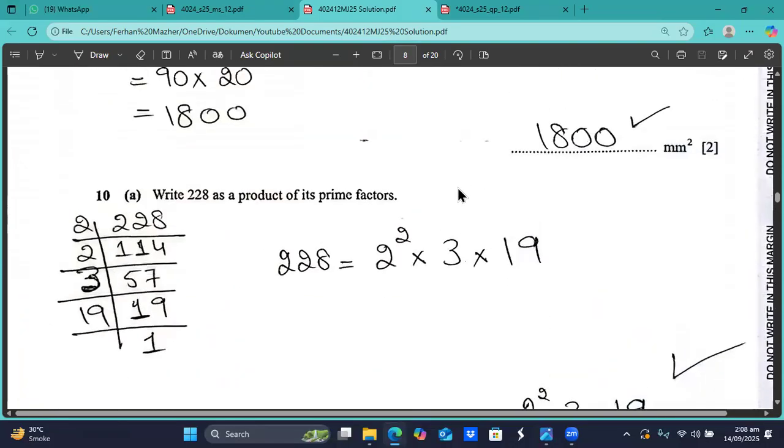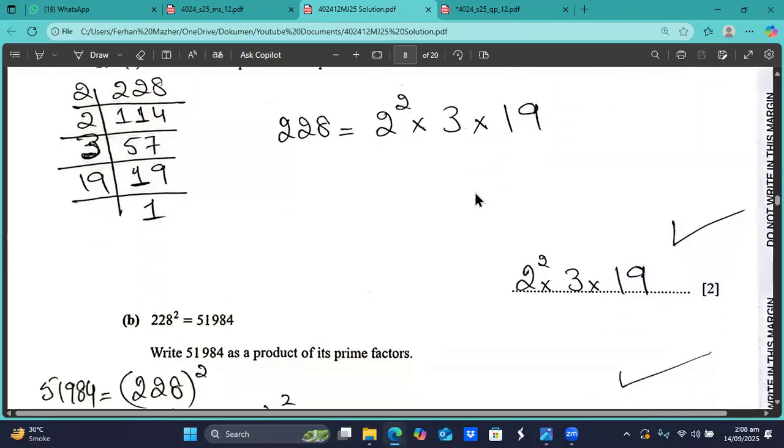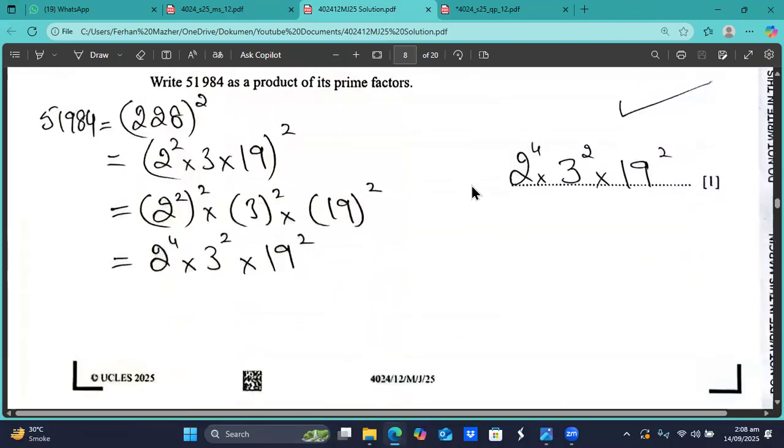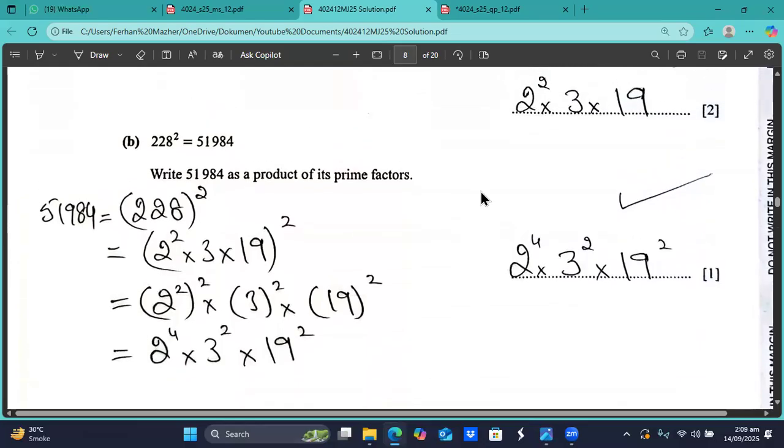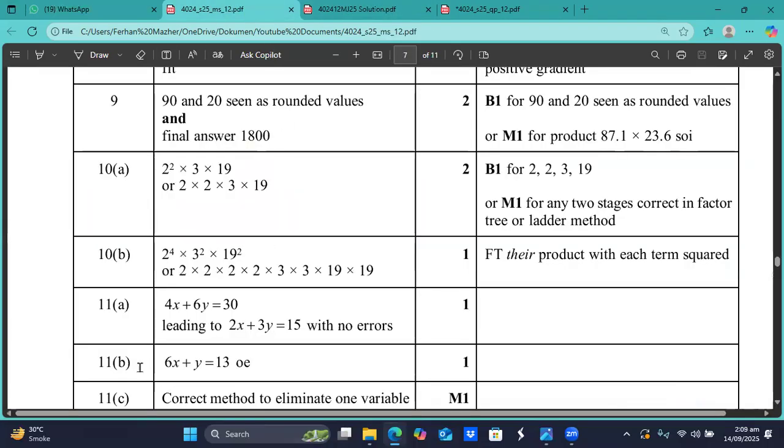Can you see them? So I'm going to use them. So it will be 2 squared raised to power 2, multiplied by 3 squared, multiplied by 19 squared. So it will be 2 raised to power 4, multiplied by 3 squared, multiplied by 19 squared. So this is part B. So you can see our answer is right.